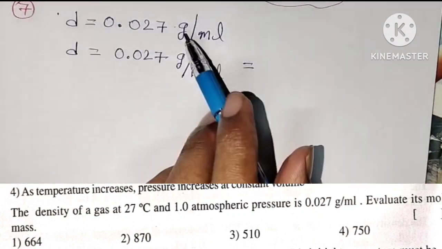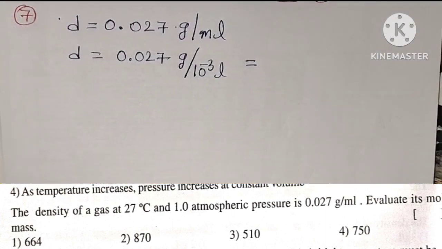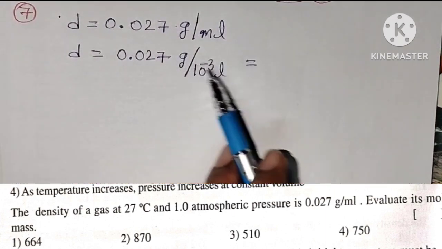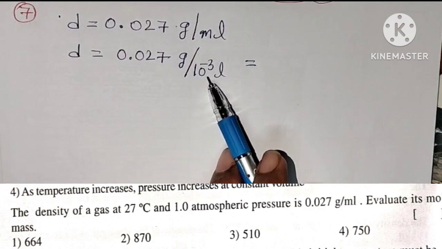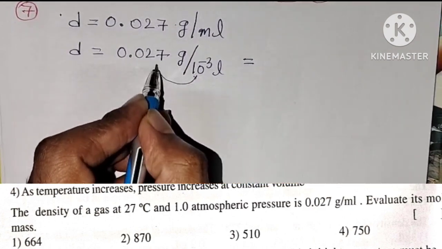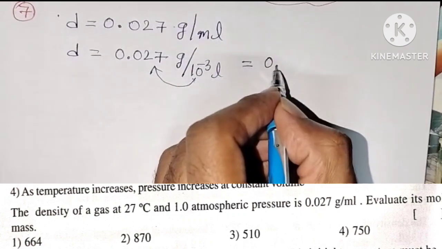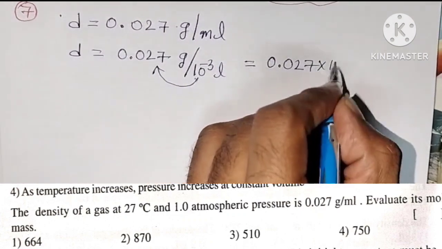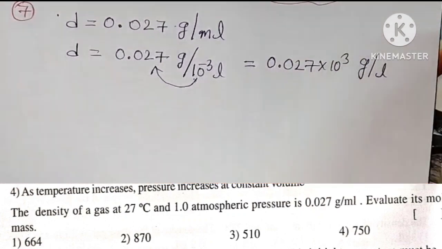Here we are going to convert gram per milliliter to gram per liter. Milli means 10 to the power of minus 3. Now take this 10 to the power of minus 3 from the denominator to the numerator. Now it becomes 10 to the power of plus 3 gram per liter.